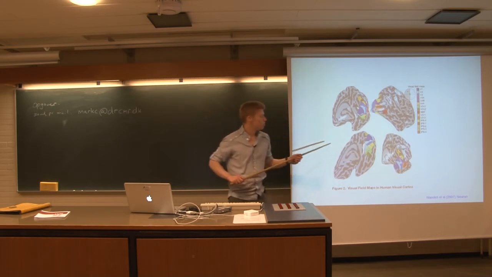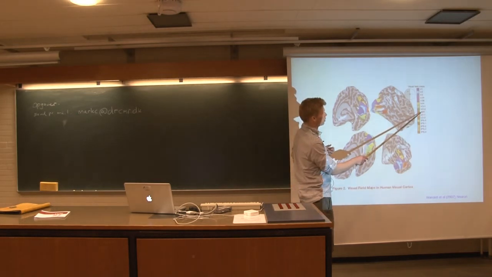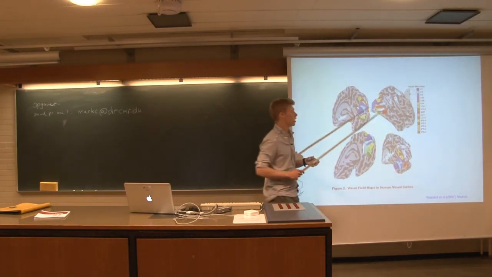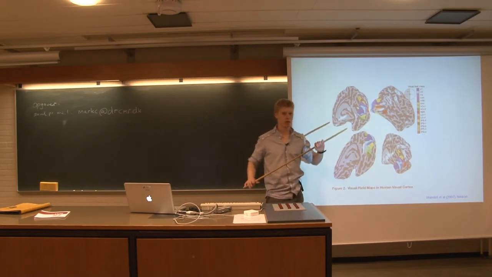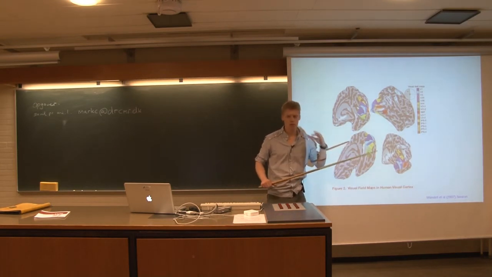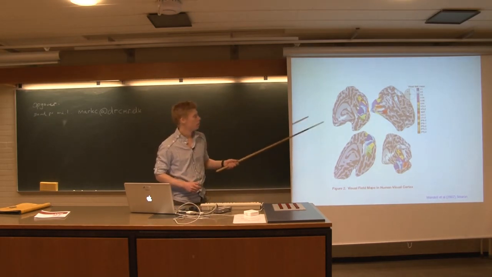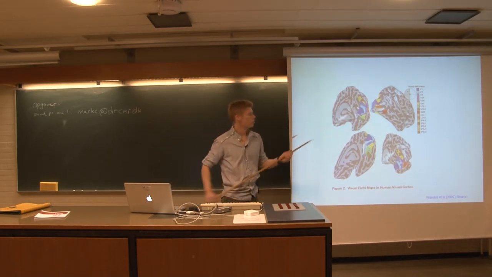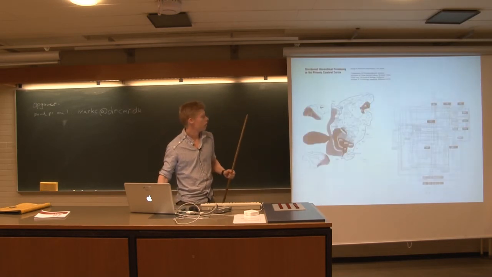When you go up to the very specialized regions, for instance the motion sensitive area MT, you still have some degree of this retinotopic organization, but it's also beginning to be more diffuse what these different regions do, and you will see that some of the regions process the same features.